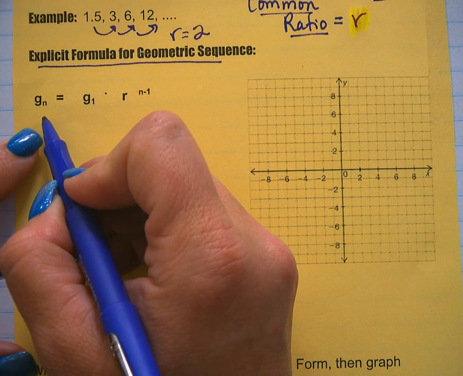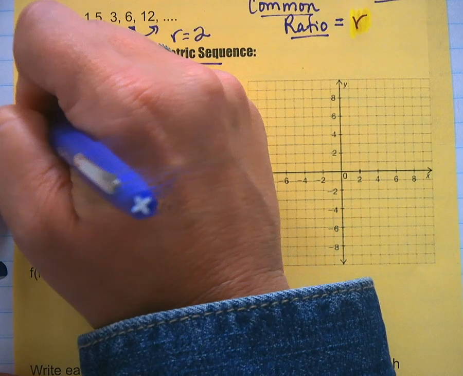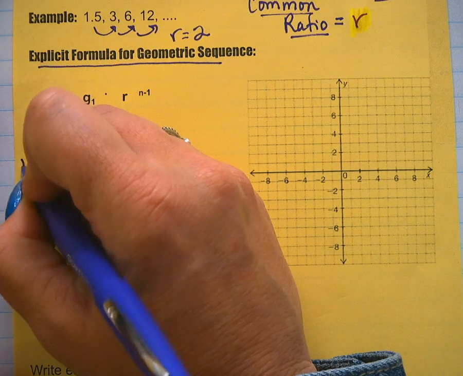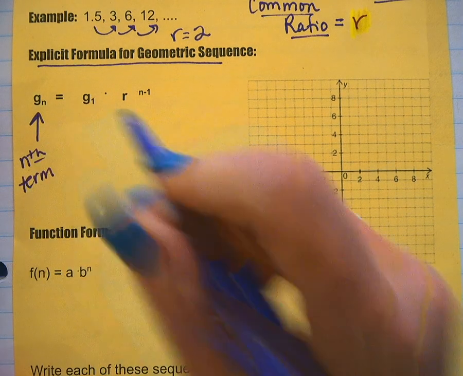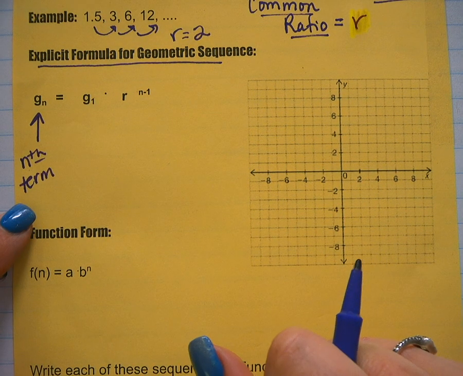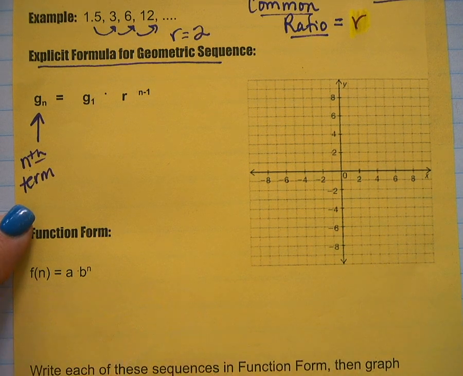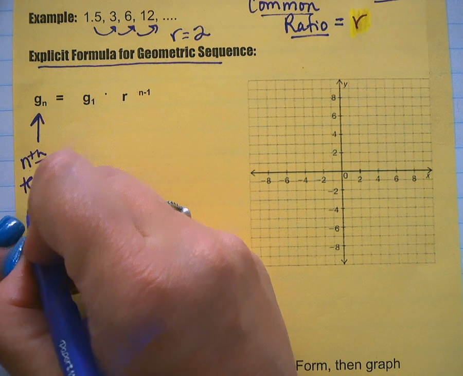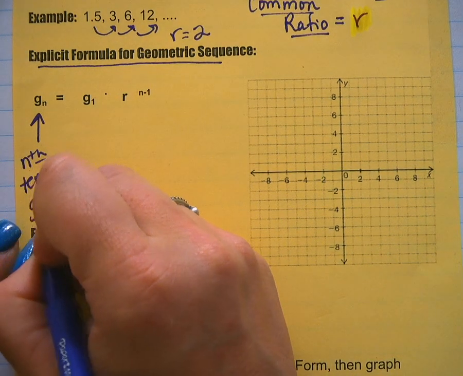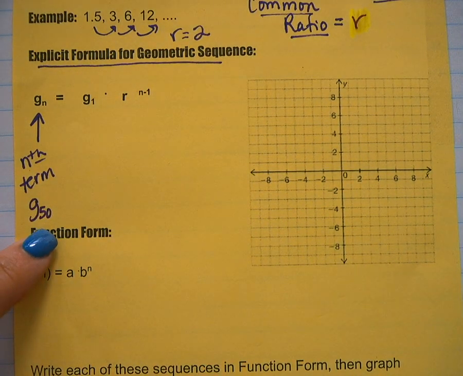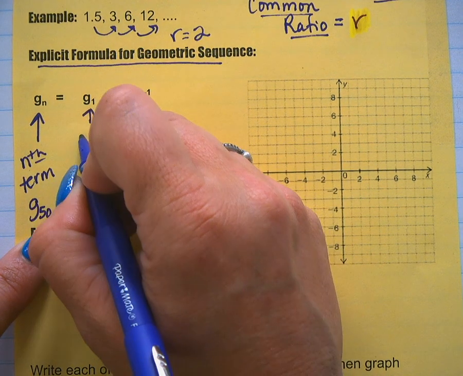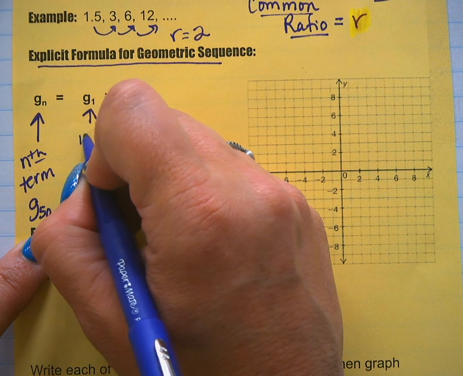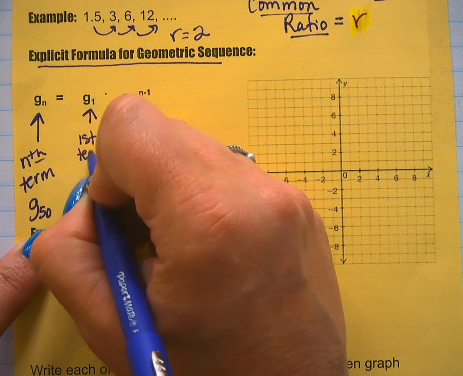So G sub n just stands for the nth term of a geometric sequence. So if I said G sub 50, that would represent the 50th term. G sub 1 stands for the first term.